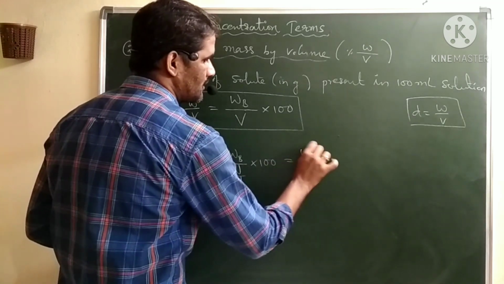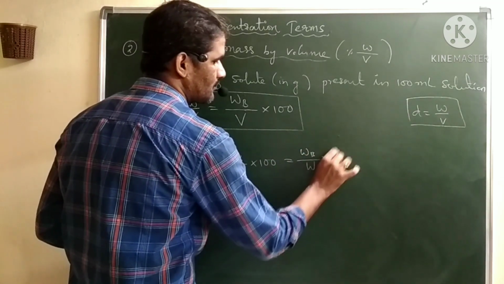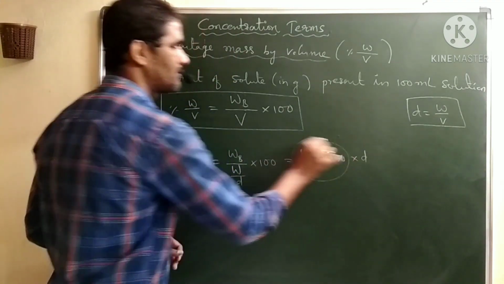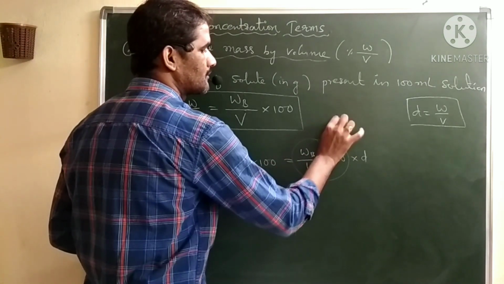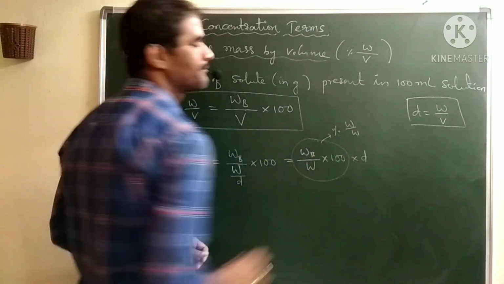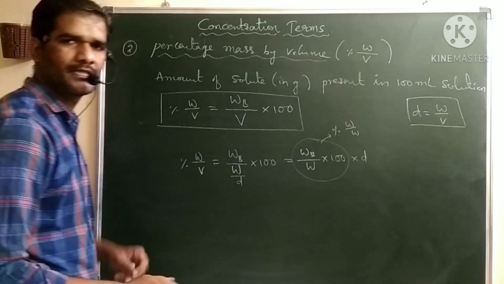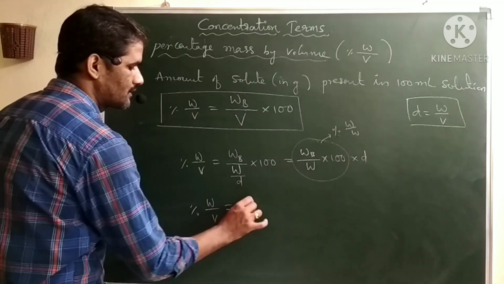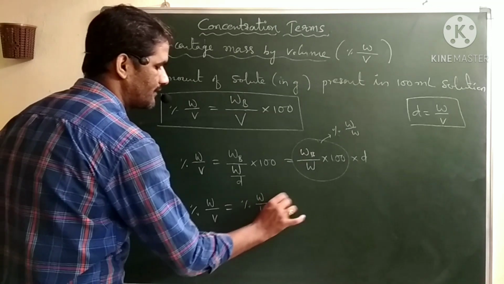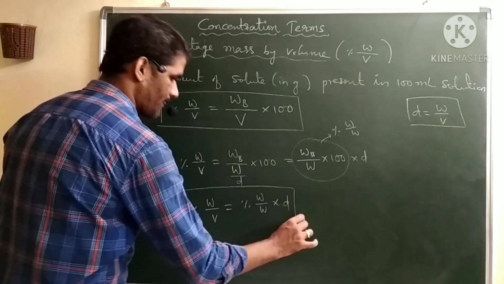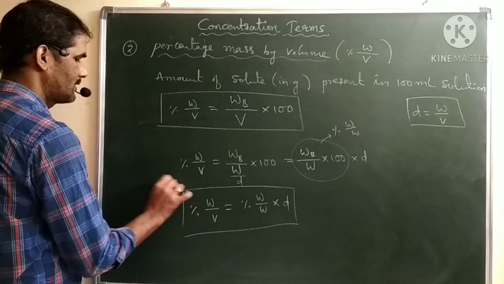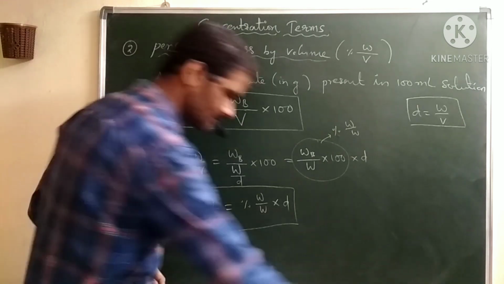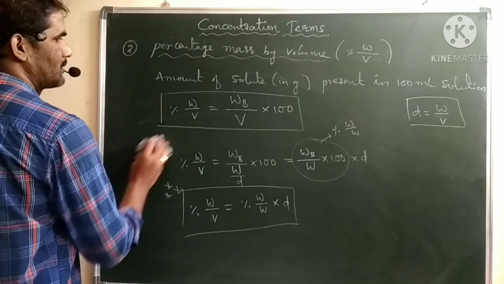So this becomes WB by W into 100 into D. What is WB by W into 100? That means percentage weight by weight. So in place of that we can write percentage weight by weight. So now percentage weight by volume is equal to percentage weight by weight into D, density. Again, this is an interrelation between percentage by mass and percentage mass by volume. Let us take one numerical based on this.